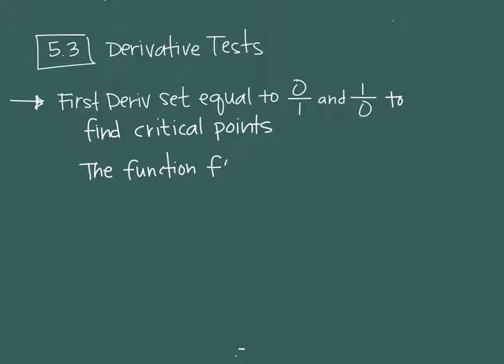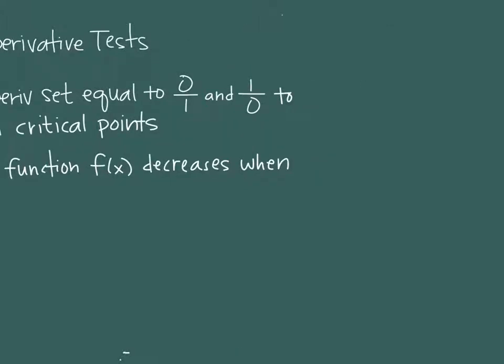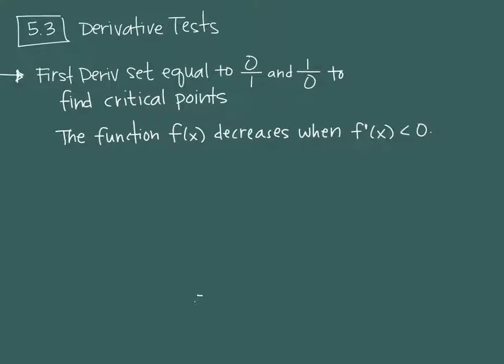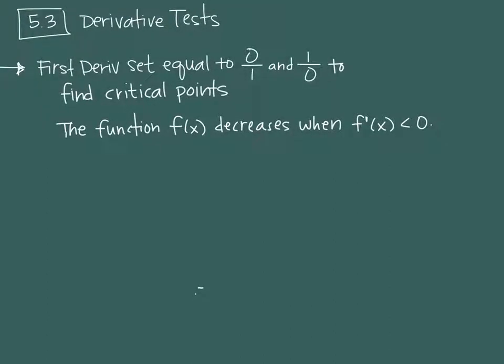The function f of x decreases when f prime of x is negative, is less than 0. Okay, so it's going to say, over which intervals is the function decreasing? And you say the function is decreasing on such and such an interval because the first derivative was negative. Now you can tell that from your chart, but you summarize it in a sentence.